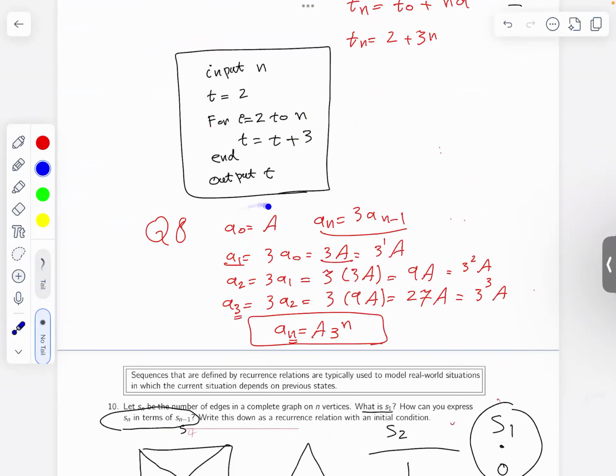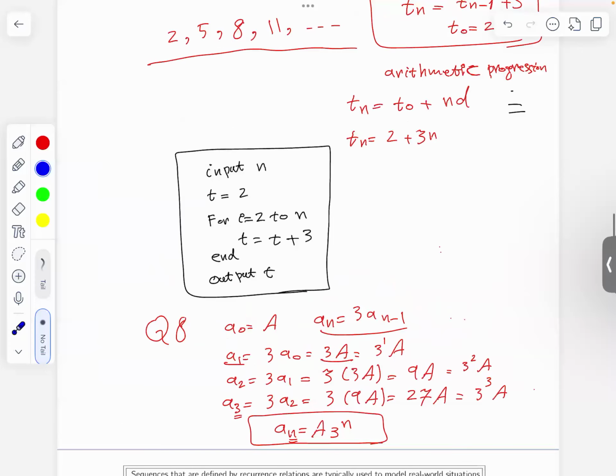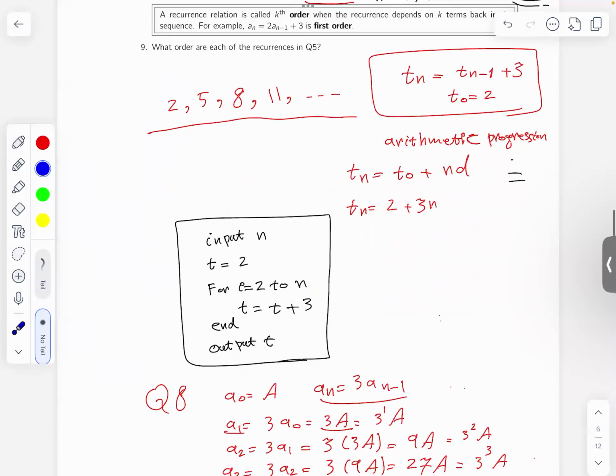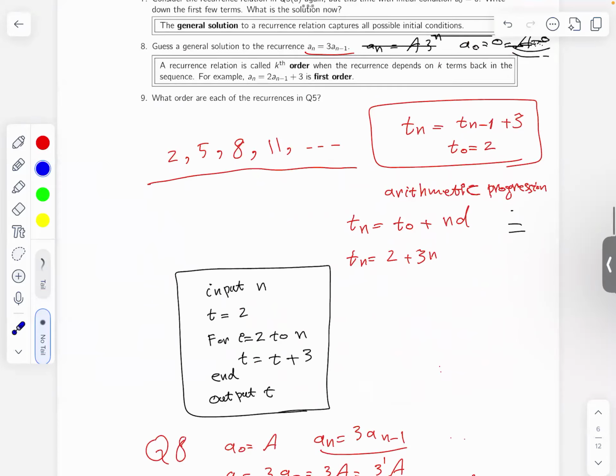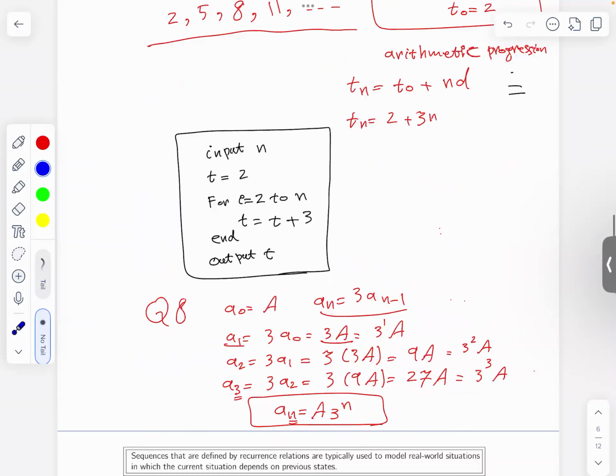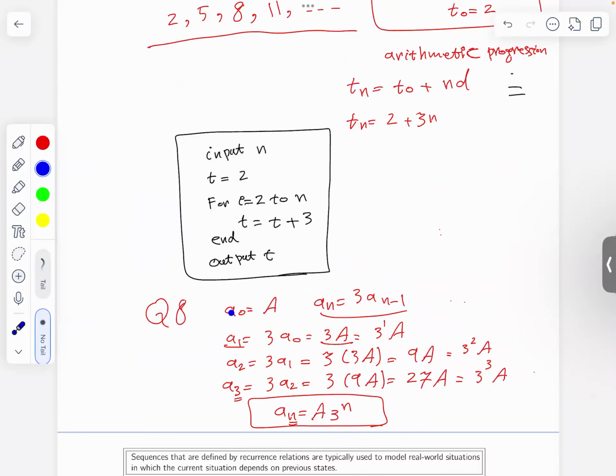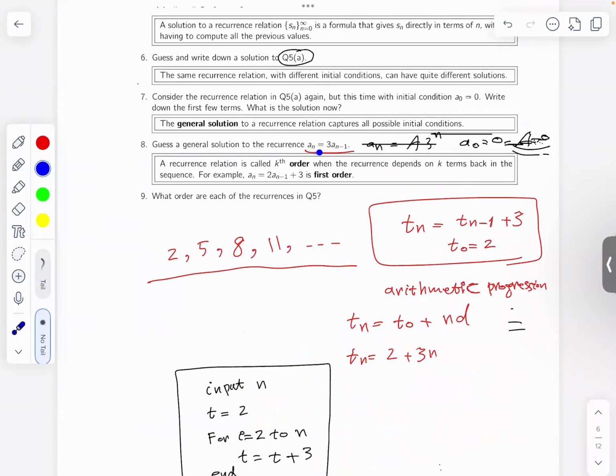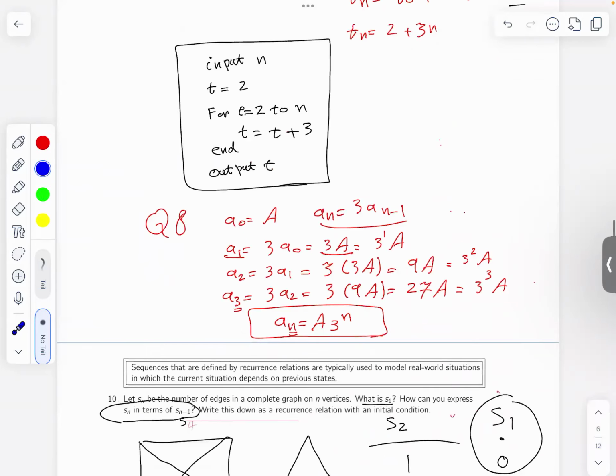A0 is 8. A1 is 3. So let's assume that question 8 says to find the general solution when there is no initial condition. Let's assume the initial condition is A. So A1 will be 3 times A0. A0 is A, so 3A.